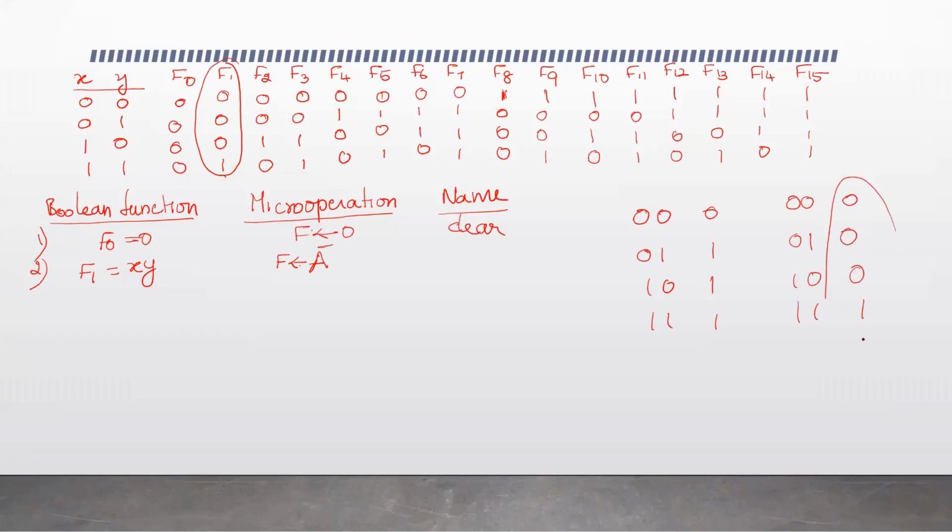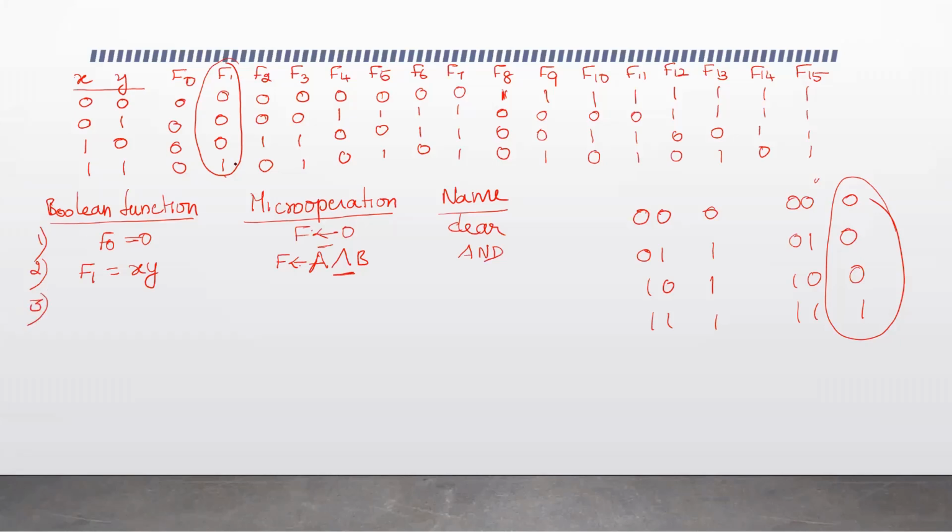So the result we got is 0, 0, 0, 1. So this is the AND operation. That's why the micro operation is XY for AND, and here A and B. We use this symbol to represent AND, and the operation performed is AND.